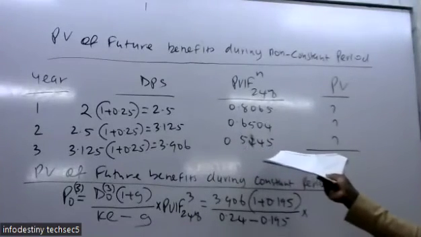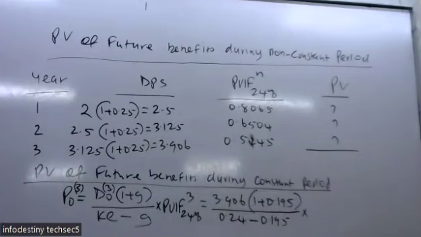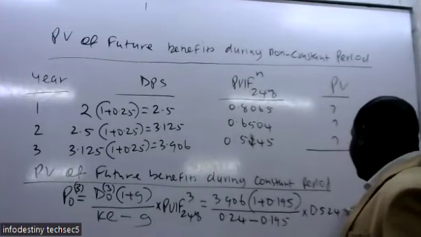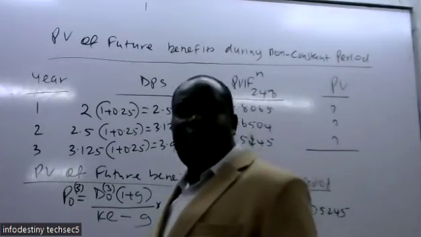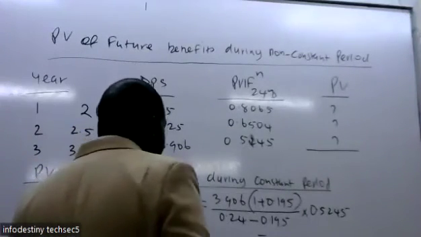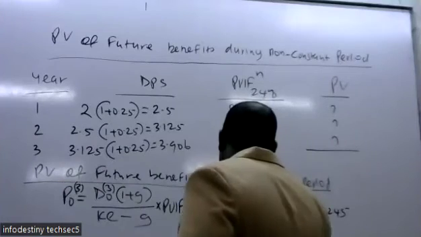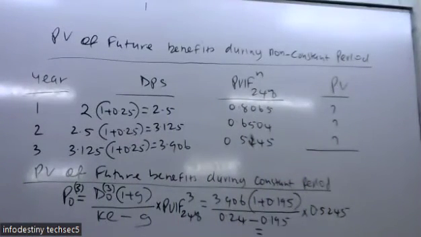You remember it is 0.5245, so you multiply by 0.5245 so that you now get the value of that share during the constant period, which is 54.4.